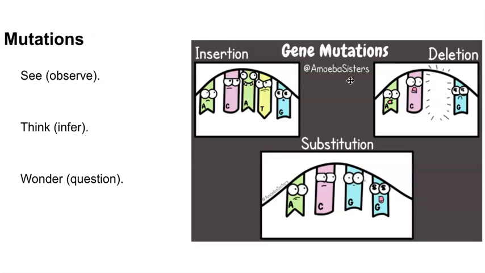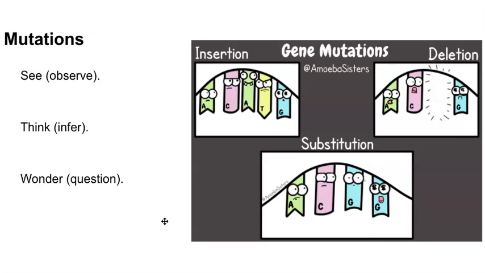So this is kind of nice because for these mutations, their names sound exactly like what is happening there. For substitution, you can see that the thymine is turning into the guanine. And so this is where one base is being substituted or replaced with another base.